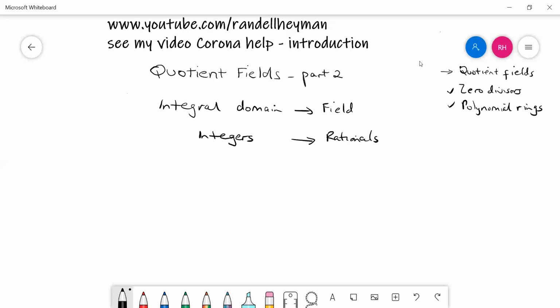In fact, this process takes an integral domain to the smallest field that the integral domain is part of. So let's put up a definition that I've concocted, and then we'll do some examples. So let R, this time, be an integral domain, because that's what we're starting with.